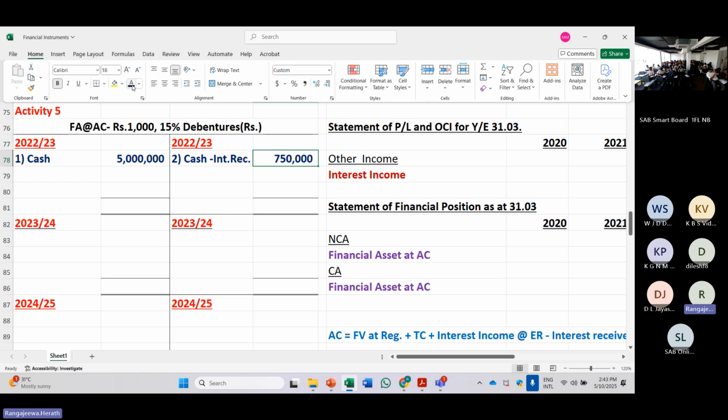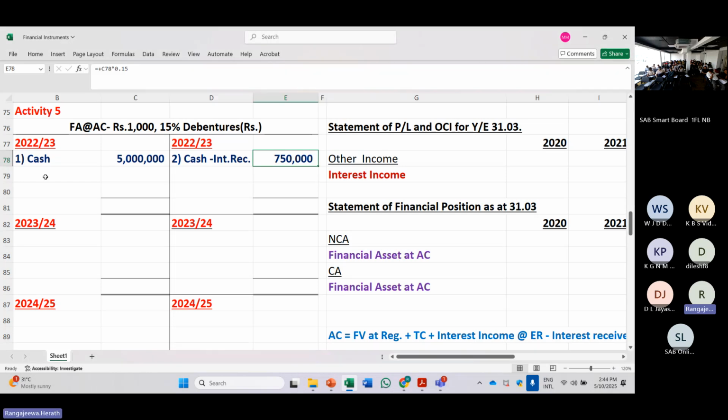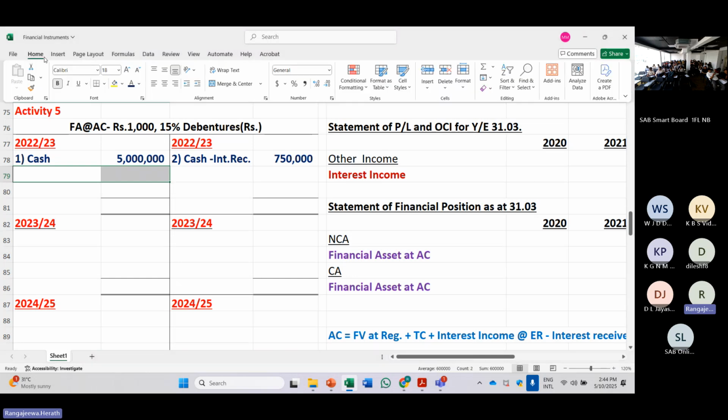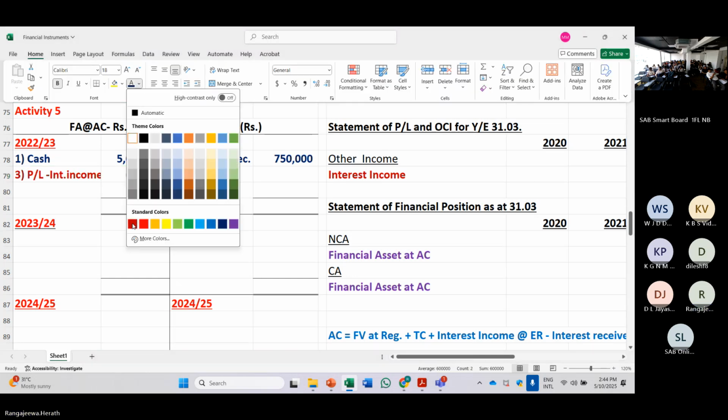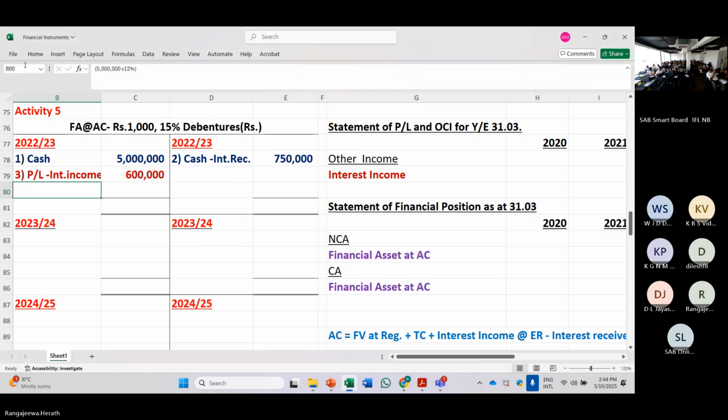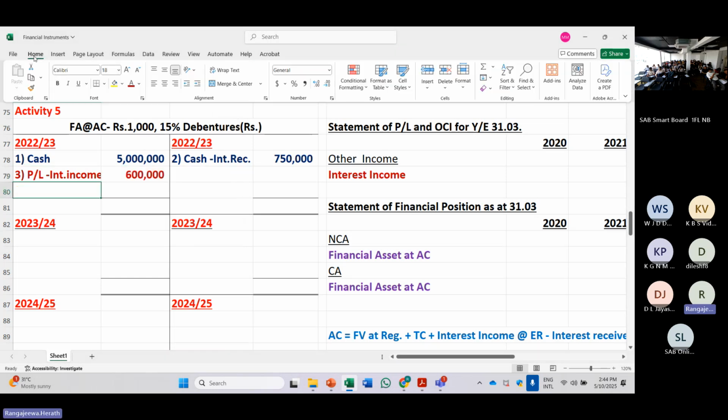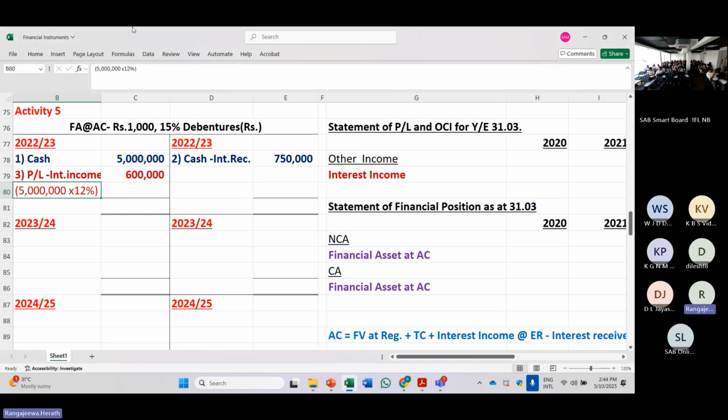Then you are given the effective interest rate of 20%, considering the premium we are going to receive at the end of the 3 years. So the interest income is recognized considering that. So you can credit P&L as interest income, which is 5 million into 20%, sorry, not 15%, 5 million into 20%.